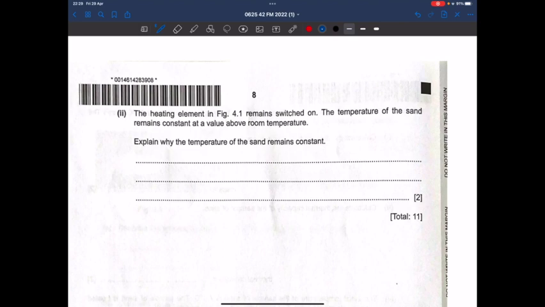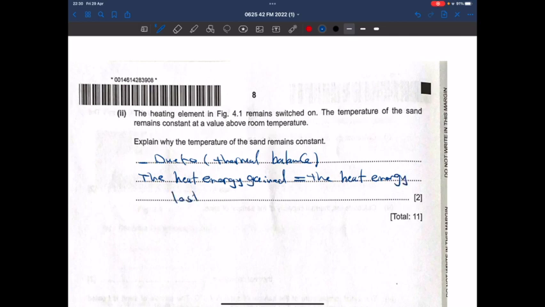So I can write here, due to thermal balance, the heat energy gained by the heater is equal to the heat energy lost to the surrounding.